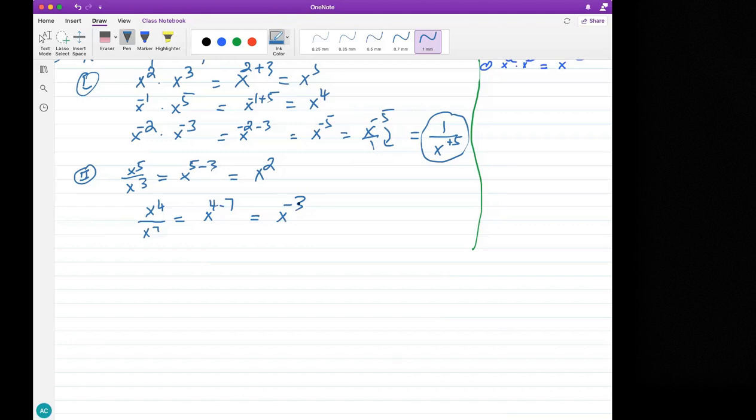And again, you want to make this positive, so it would be 1 over x to the 3rd. You just move this one down, it becomes positive. So it's always going to be in this order, this minus this, not the other way. The power in the numerator minus the power in the denominator. Top minus bottom.